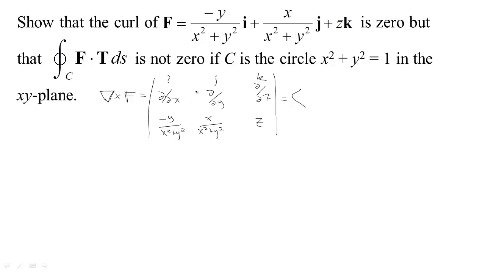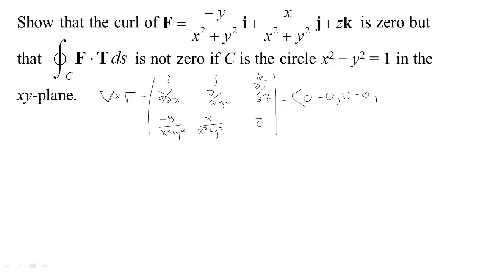So first, the i component, we have the derivative with respect to y of z, which is 0, minus the derivative with respect to z of this function that doesn't involve z, so that's 0. And then for j, we have the derivative with respect to z of this function that doesn't involve z, so that derivative is 0, minus the derivative with respect to x of z, which is also 0. So the first two components are 0.